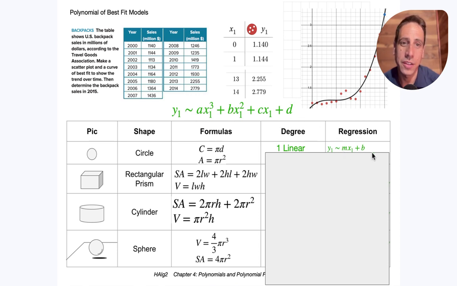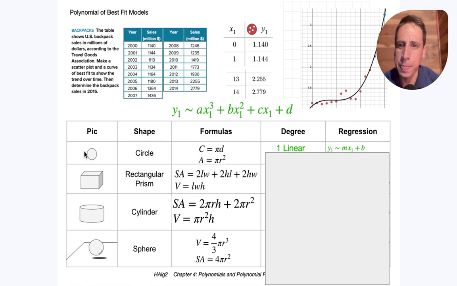You would use a linear one because it's linear in nature and the exponent is 1. So here the regression would be y1 is approximately m times x1 plus b. You would ask Desmos to find the best possible m value and b value for the data that you have.